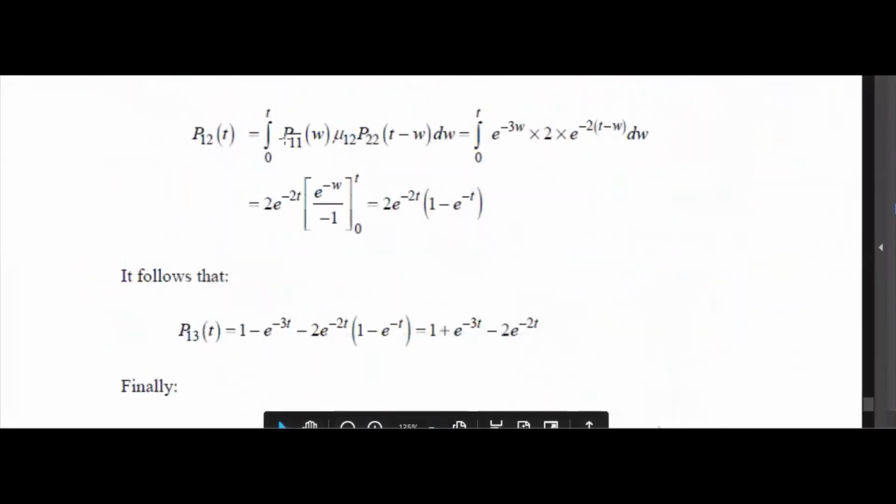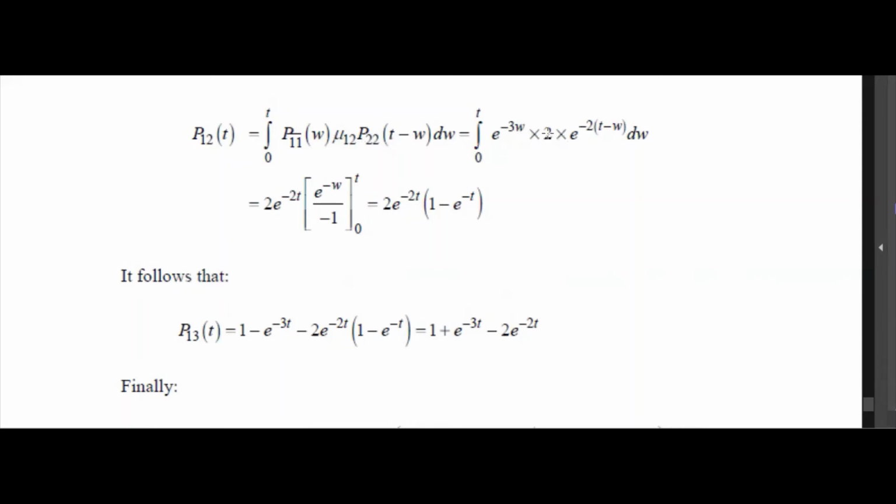Now here P11 bar(w), and then mu12, no timing is required, and this is P22(t minus w). Remember, we are not mentioning the time when we reach there. It's the total duration we write here. So these three are there. P11 bar, P22(t minus w), and then mu12, then write everything, and this e power minus 3w is already given in the generator matrix.